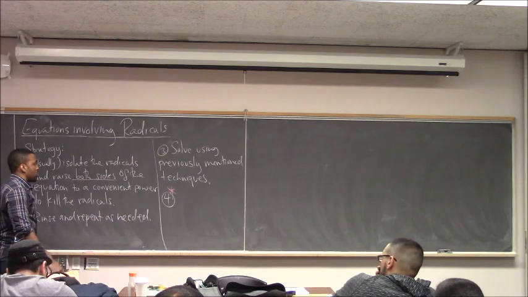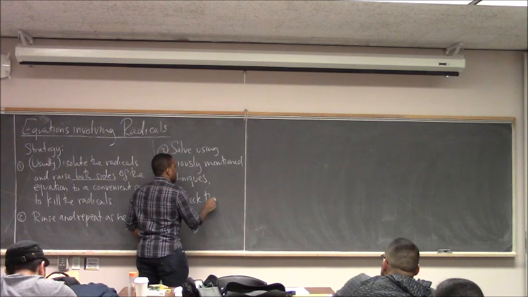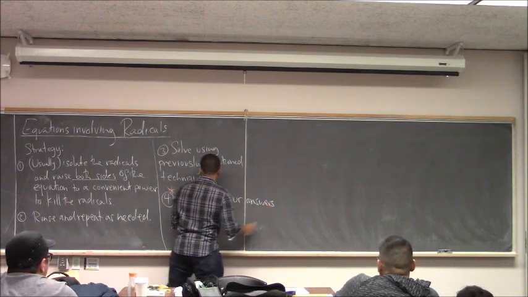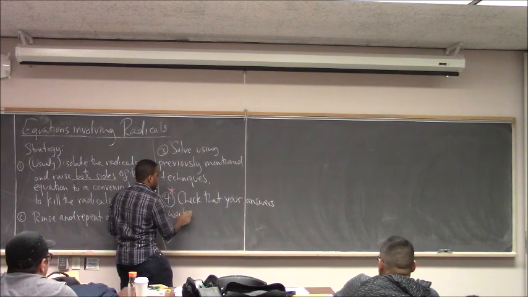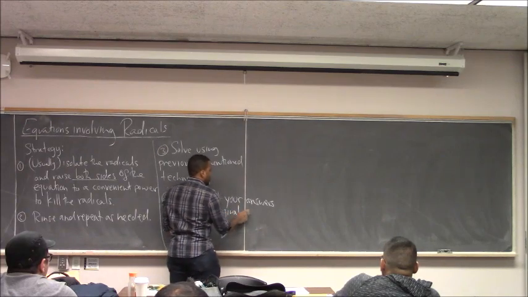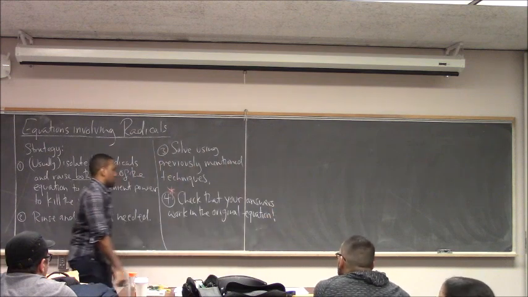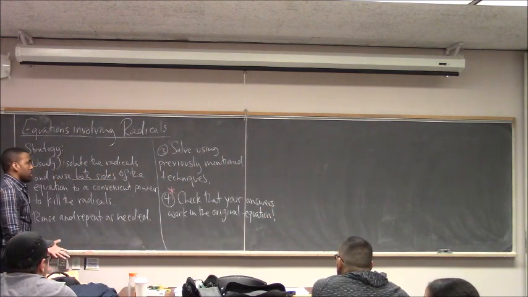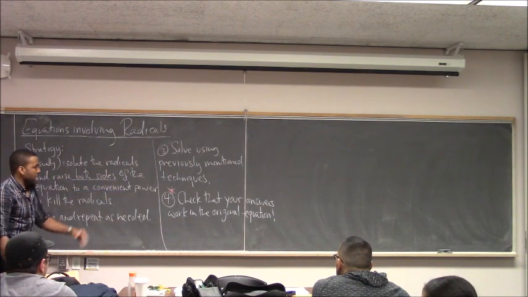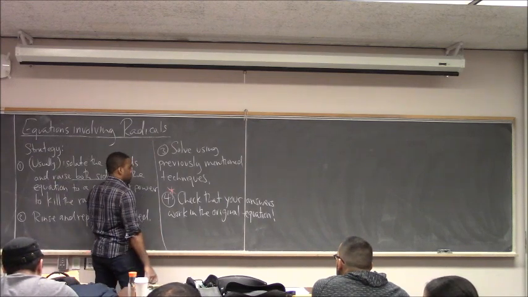So it's actually very important that you check your answers afterwards. It's not just a matter of checking to see whether you made a mistake, because you can do everything perfectly, and yet the answer that you end up with isn't the answer, because you introduced some erroneous solutions.